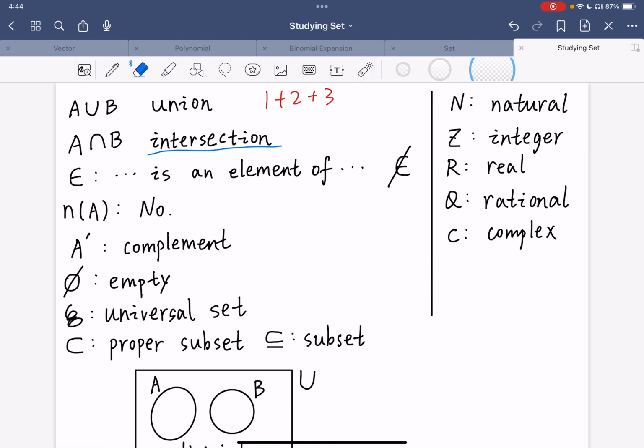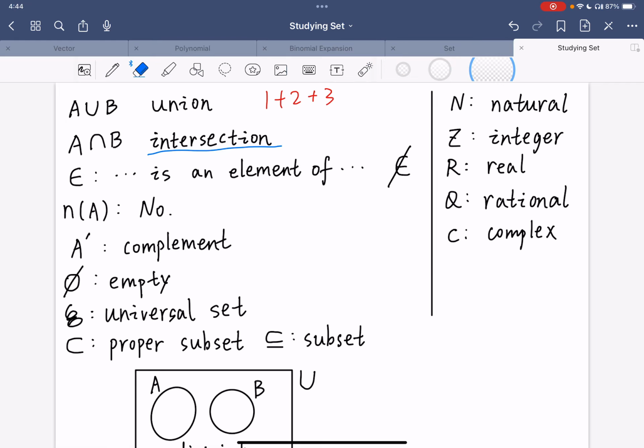All right, now we should take a look at the next part, complement. Complement is anything that doesn't belong to A, but is still inside the universal set. Before talking about complement, let me briefly introduce the universal set.